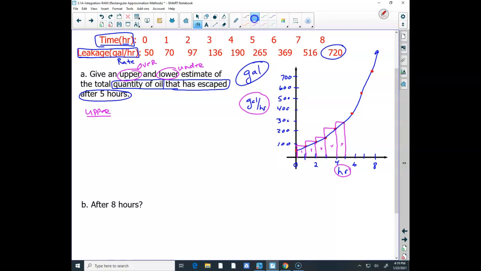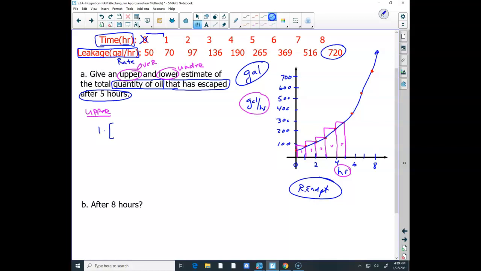An upper sum is an overestimate. So all I would really need to do is say my width is 1 times the sum of my heights. Now watch. If it's an overestimate, this is a right endpoint estimate. Therefore, I take the right endpoint, which means I'm going to look past that, and I'm going to take it all the way.